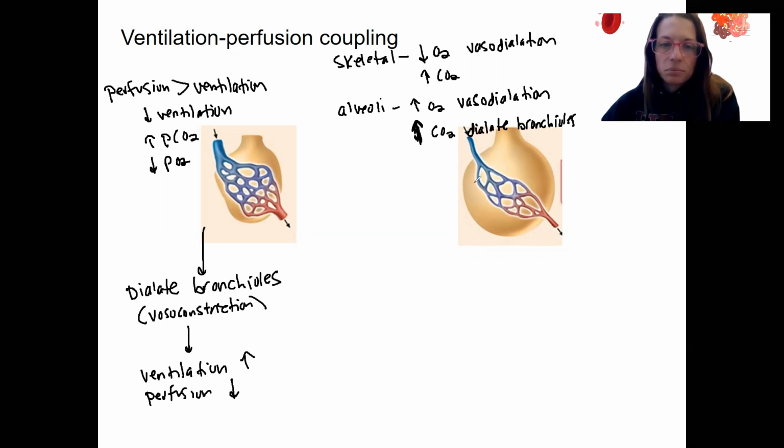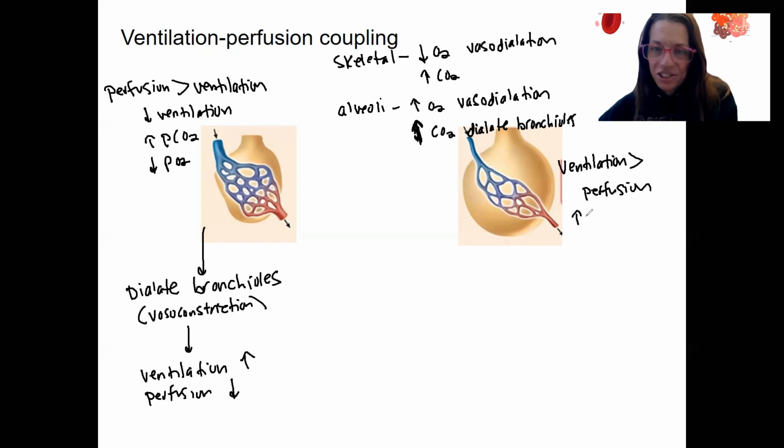On this side here, we've got ventilation happening at a higher rate than perfusion. This could be due to high ventilation, so bronchodilation.